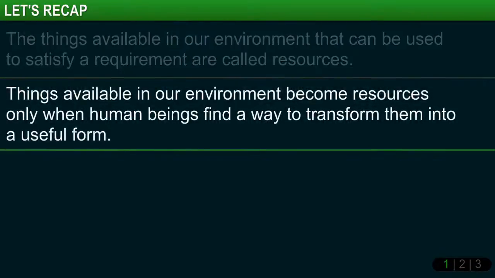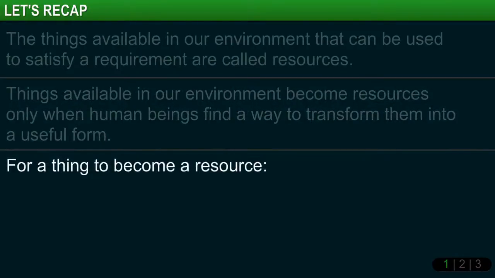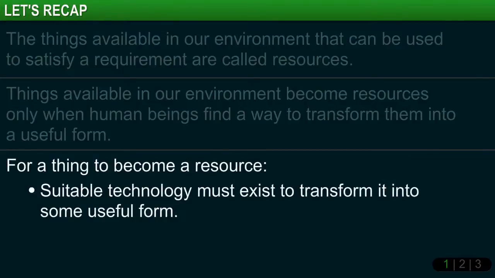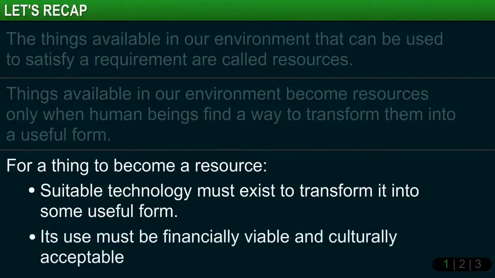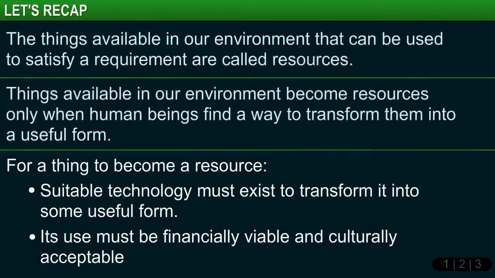Things become resources only when human beings find a way to transform them into a useful form. For a thing to become a resource, suitable technology must exist to transform it into some useful form. Its use must be financially viable and culturally acceptable.